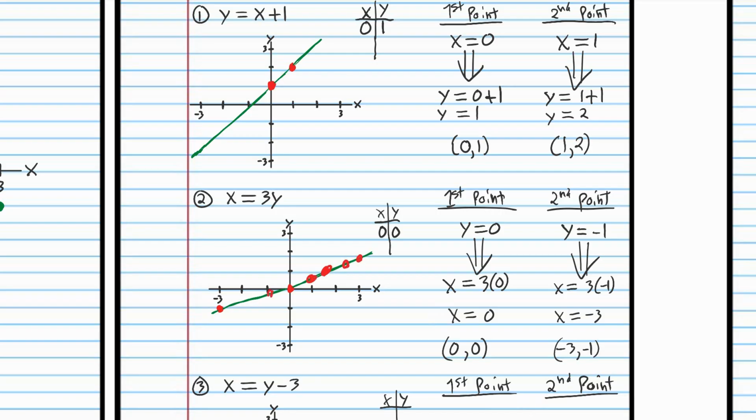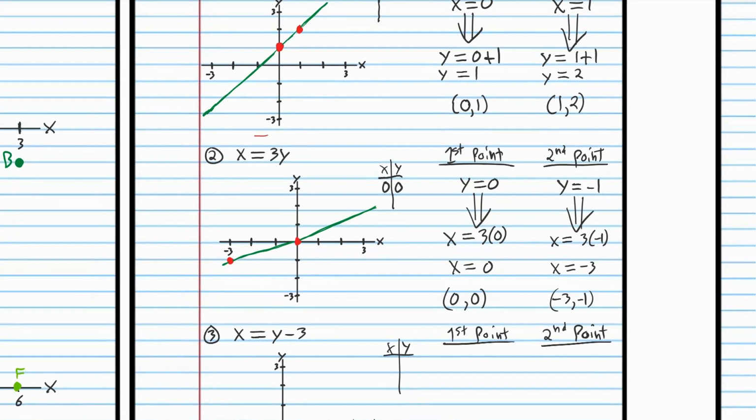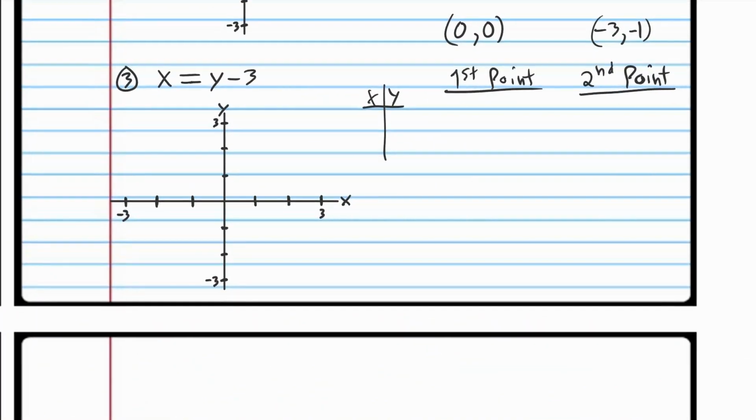The more you graph, they're all going to be on this line. So that's why we draw the line through those 2 points, as the line represents all of the points that satisfy these equations. But you don't really have to know that. You just have to graph the equation, connect the dots, and make sure that the line fills the window.